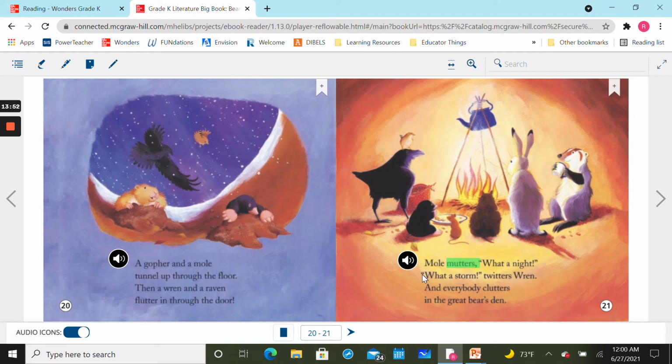And then someone else is speaking again. And the word twitters. If we say says instead of twitters, it should still make sense. What a storm, says Wren. Does that make sense? It does. So we know that twitters is another word to say says, just like mutters is.